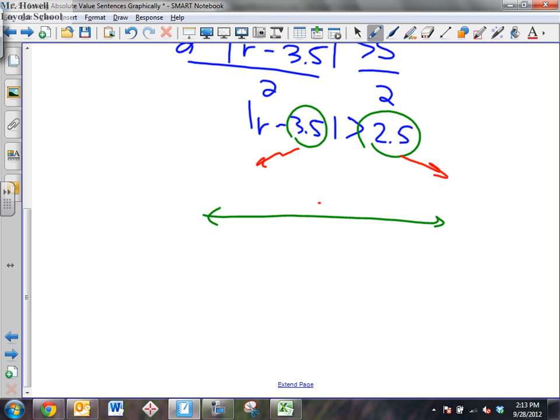Okay, 2.5. So there's our starting point at 3.5, and how much do we deviate left and right? 2.5. So add 2.5 to the right. What do you get? You have 3.5 and 2.5, that's 6. Good. And when you subtract 2.5 from 3.5, what do you get? 1.